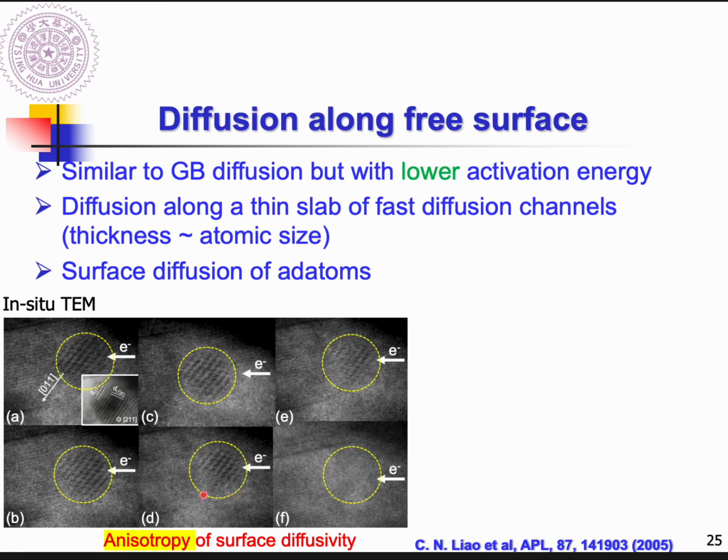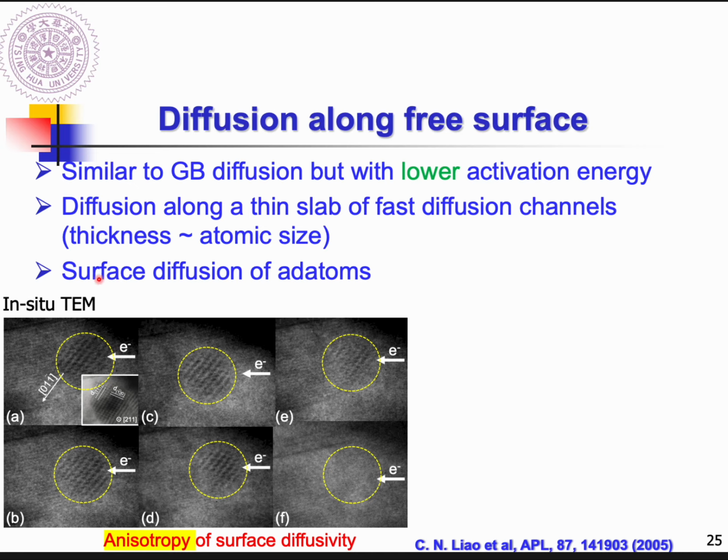In figure D you can observe almost half of the fringes disappear, then two-thirds of the grain disappears, and in figure F you can see the whole fringes inside this grain disappear.